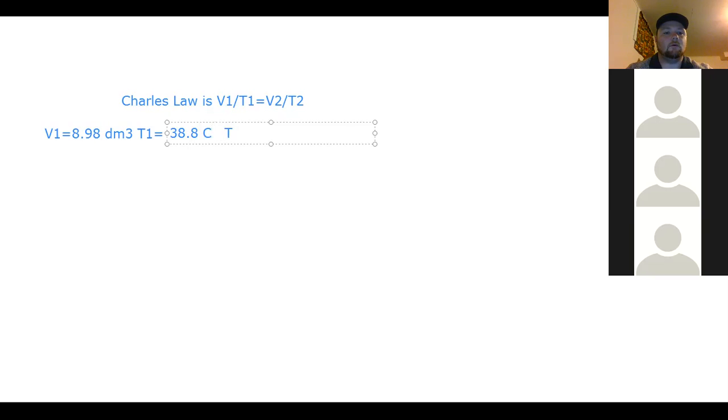And then T2 will be negative 39.9 degrees Celsius. We want to find V2. Essentially how we're going to set this up is 8.98 divided by 38.8, and that's going to equal V2 divided by negative 39.9. So we have those two numbers.